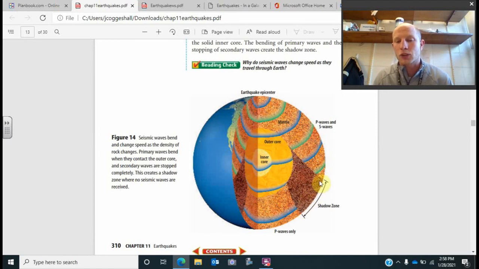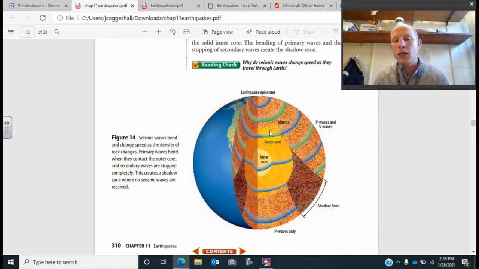And you see this shadow zone here. Well, this liquid outer core will absorb some of those waves. If there are primary and secondary waves, the secondary wave will not travel through liquid. So this is called a shadow zone because the secondary waves are not felt by any of these seismographs listening in.